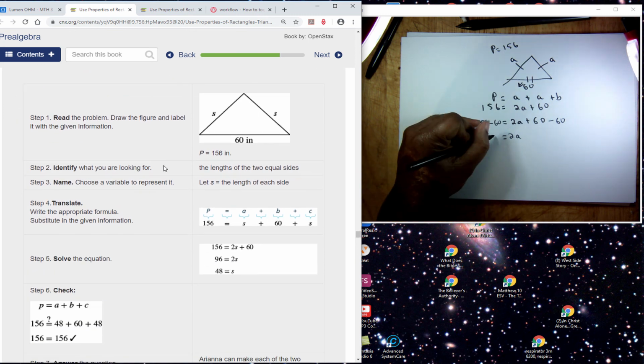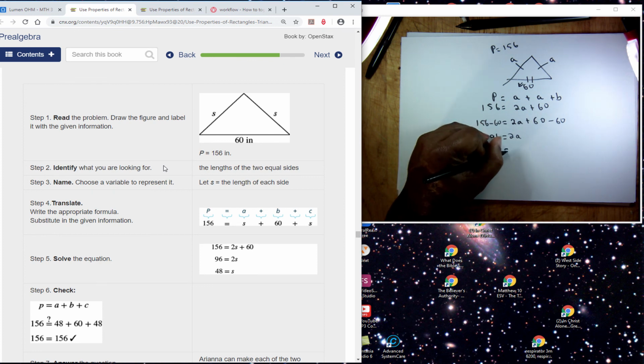I end up with 96 here. Now I'm going to divide both sides by 2. A is equal to 48.